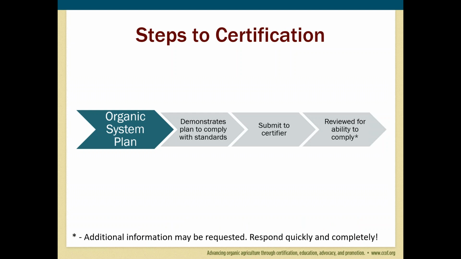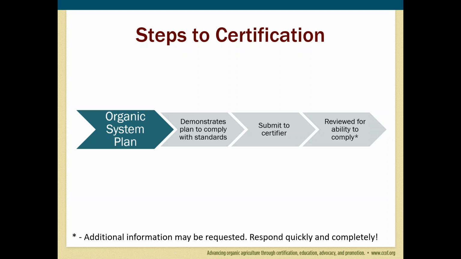All right, our final topic before we take a question break is the steps to certification, starting here with an organic system plan. This is a written plan that you complete in order to apply for certification, and it demonstrates how you plan to comply with the NOP regulations.